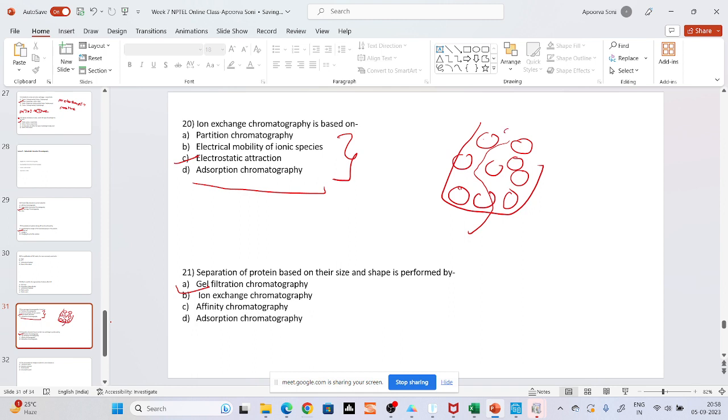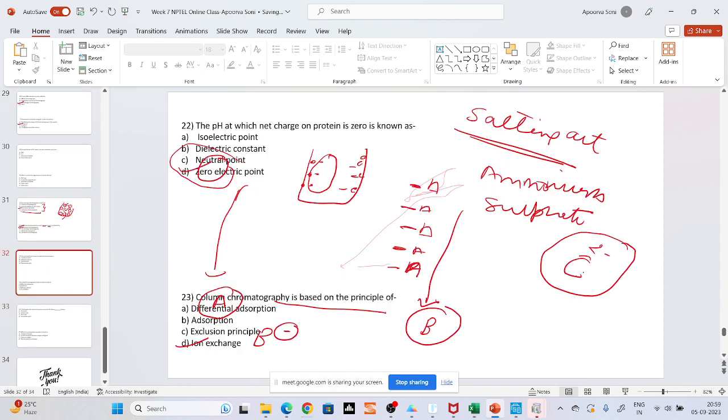And if the protein is smaller, then it can go inside. You will study that when we study gel filtration. But as of now, just remember that separation of proteins based on size and shape is performed by gel filtration chromatography. It is also known as size exclusion chromatography.